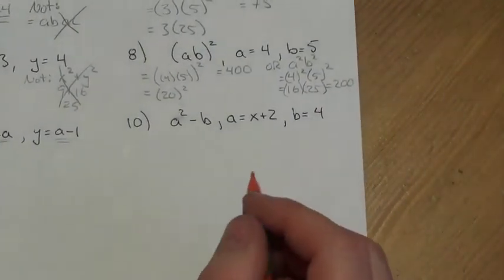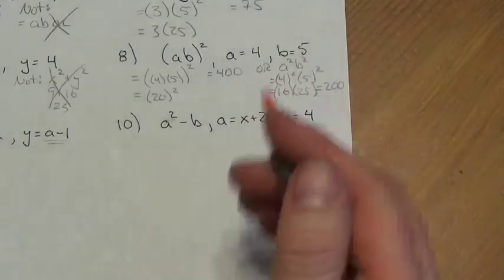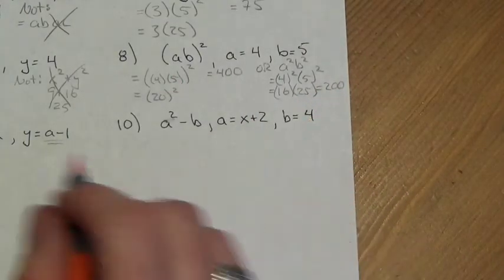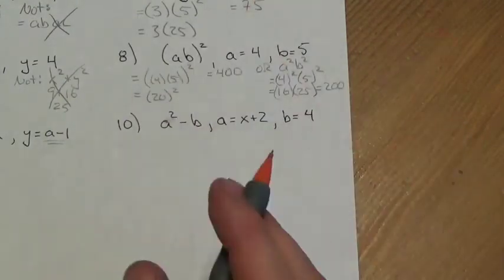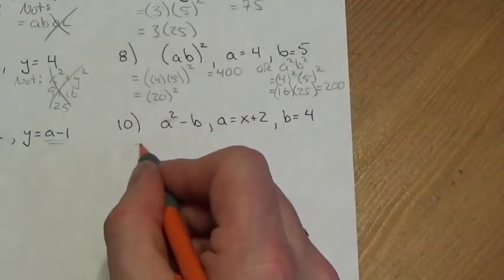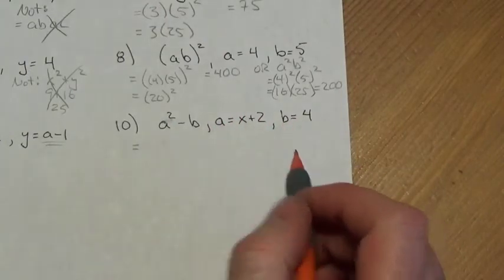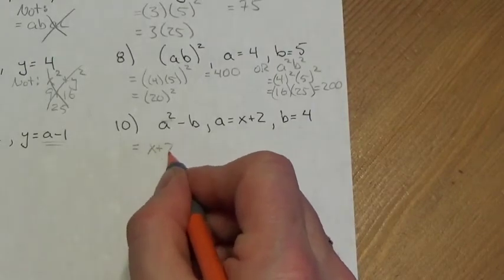Finally, a very, very similar sort of thing here. This is going to be a little bit more complicated, and depending on the level you're at, this might seem a little more advanced than a lot of what we're doing here, but I'm trying to tailor this to a wide unknown audience. a is x plus 2, and b is 4 here. a is being squared, so this is going to be x plus 2 squared.